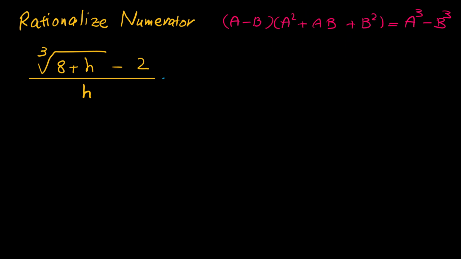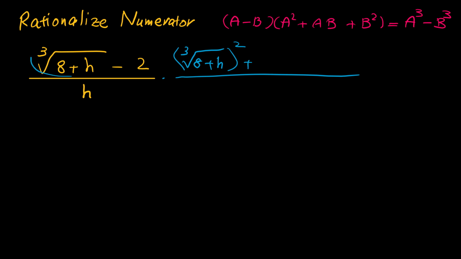What is a to the 2? The a to the 2 is cube root of 8 plus h to the power of 2. You can put the power of 2 for all the cube root, or you can just put the power for 8 plus h. So let's write it this way, plus ab.